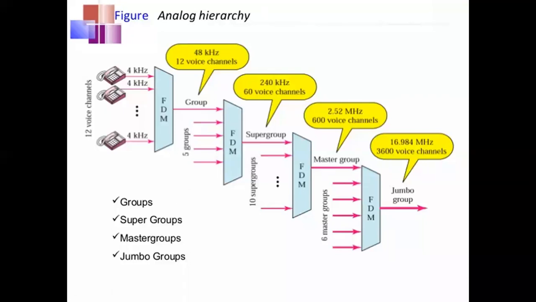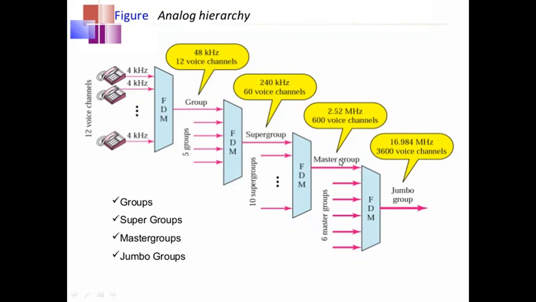60 voice channels form a supergroup, with a frequency of 240. Such supergroups are added 10 in a master group, with 2.52 megahertz, that is 600 voice channels in the master group.